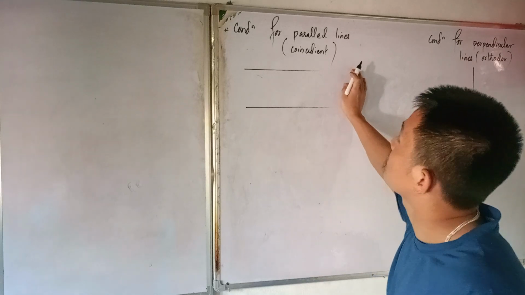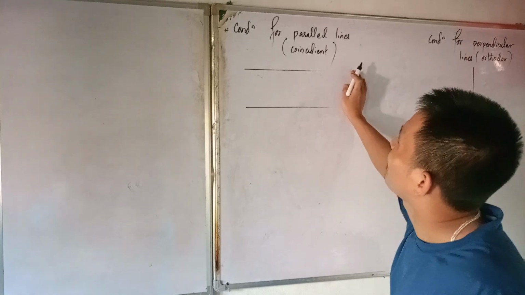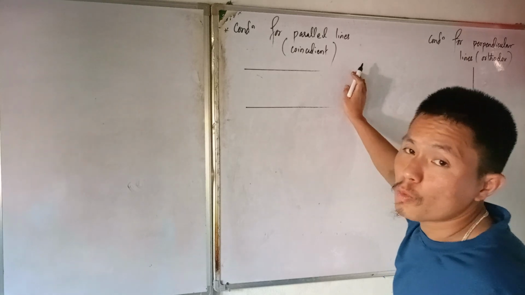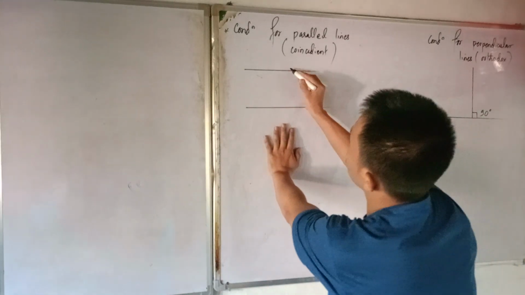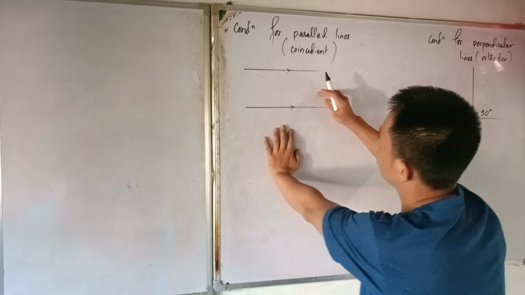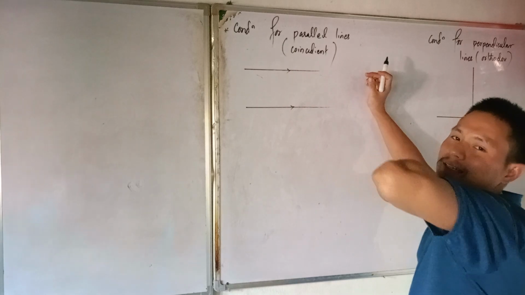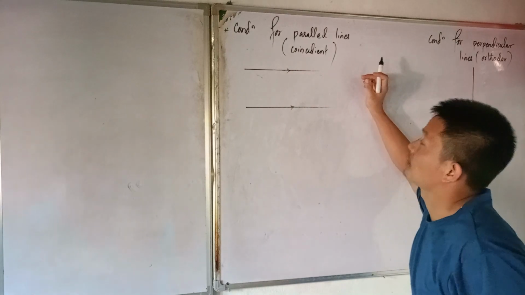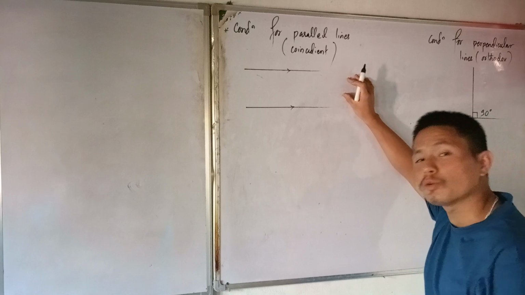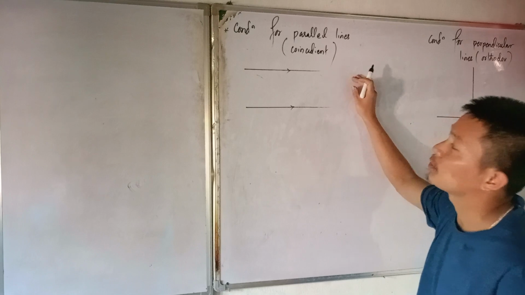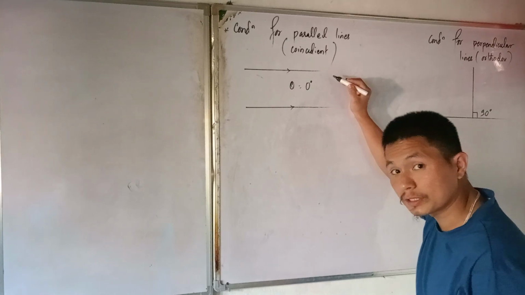When lines are parallel to each other and extended, they will never meet each other. So if the lines never intersect, there will be no angle formed between them. In that case, theta will be 0 degree.